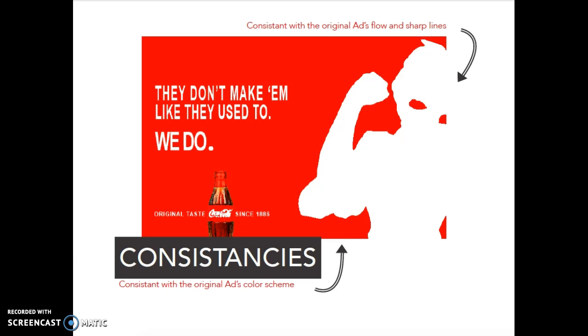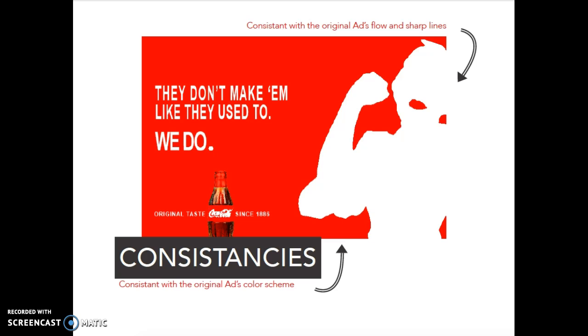The next thing I wanted to talk about was their typography. Sorry it's so blurry, I don't know what happened to it, but the Coca-Cola logo you can see there again. It just flows well, and it shows a distinct logo.